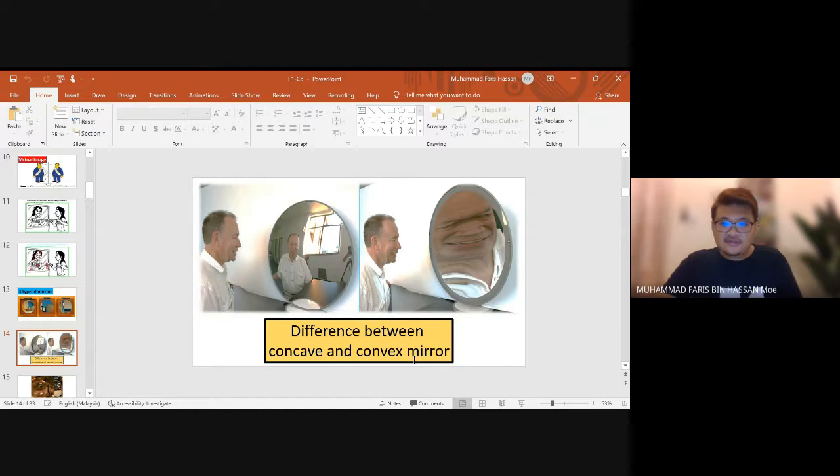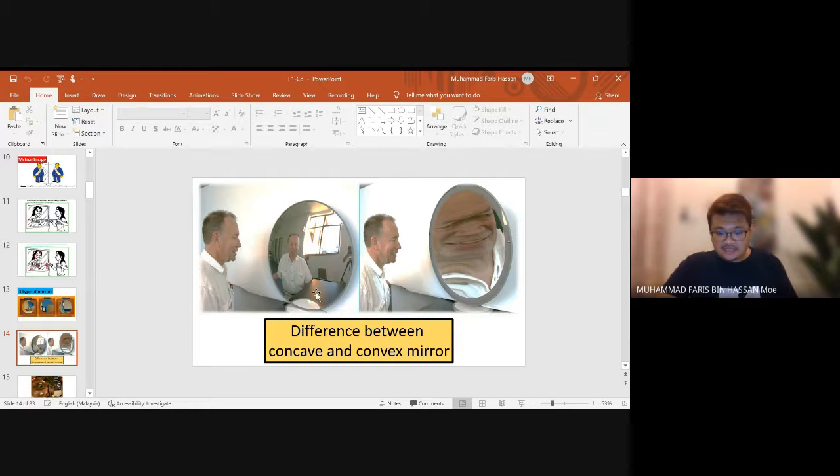Jadi kalau kamu tengok di sini, as you can see there, which one is the convex mirror and which one is the concave mirror. This is a convex mirror and this is a concave mirror.